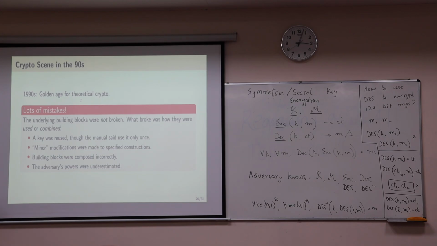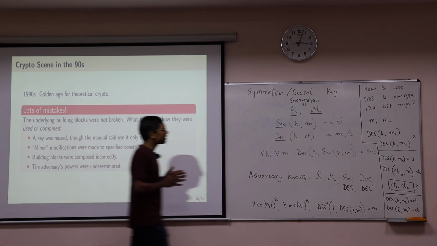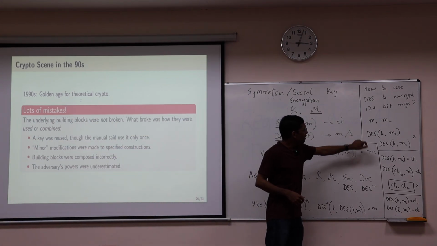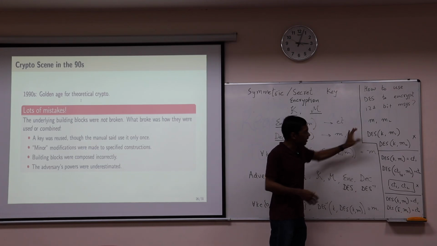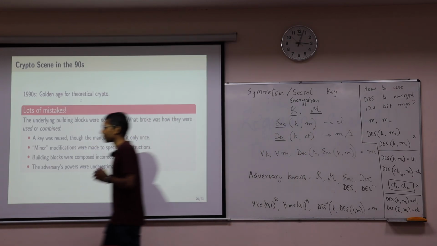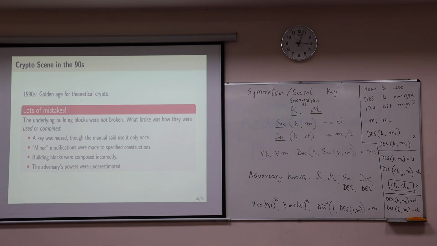Or building blocks were composed incorrectly. For instance, we had DES and AES, and even now, a lot of encryption encrypts each chunk separately using the same key. We know that this is not secure, but unfortunately, this was very common in the 90s.